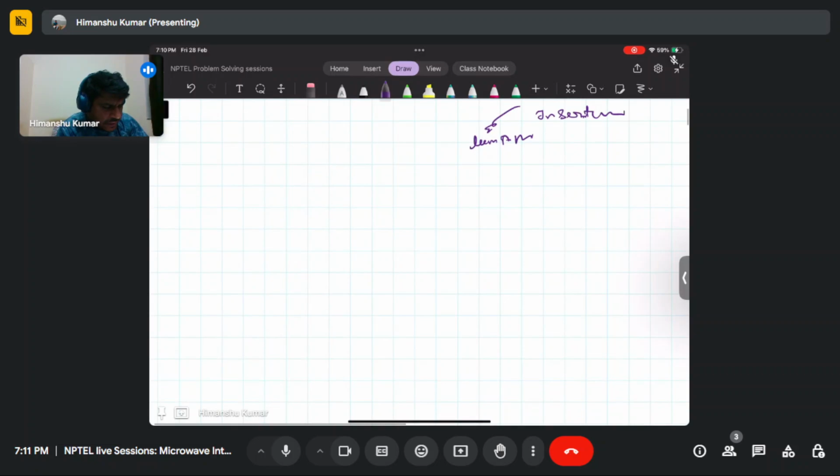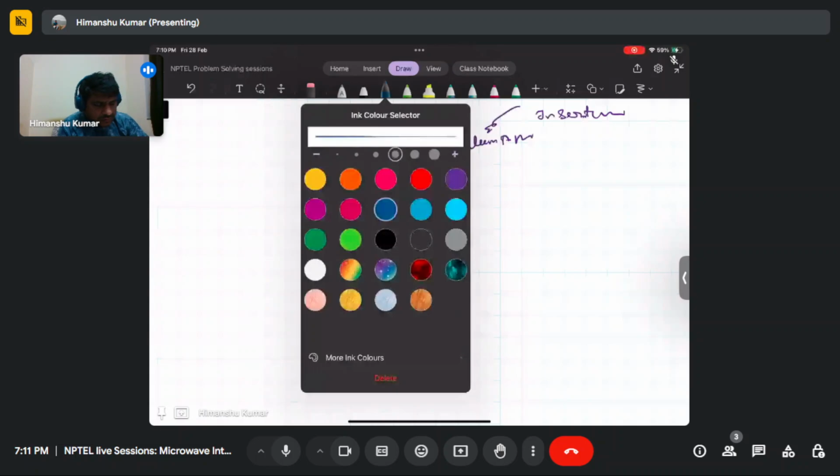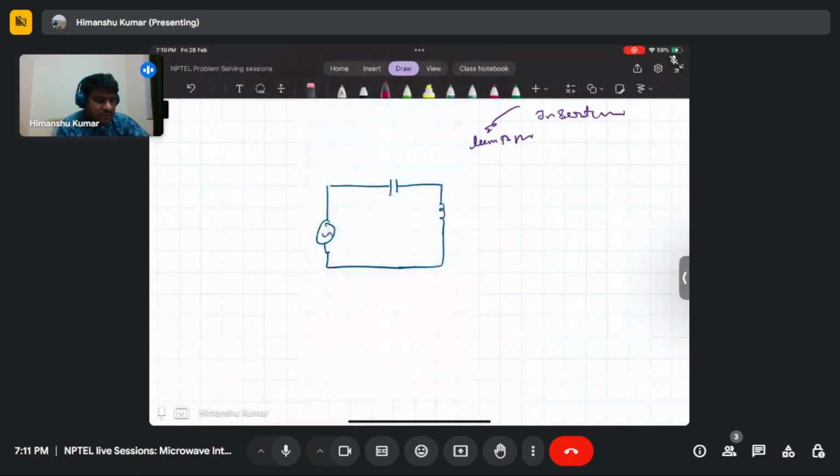Any resonator, let's say you are driving this circuit, and there are resistance, capacitance and inductance in it. I am just explaining with a basic LC oscillation circuit.